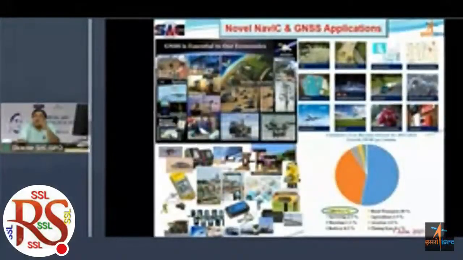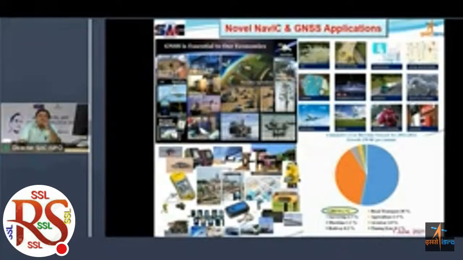As I was mentioning, regarding the application of navigation, almost 98% of the activity which you do in your daily life uses GPS nowadays. So you can imagine the importance of navigation. That's why India is developing its own NAVIC chips or NAVIC system for location-based services, road transportation, agriculture, aviation, timing.